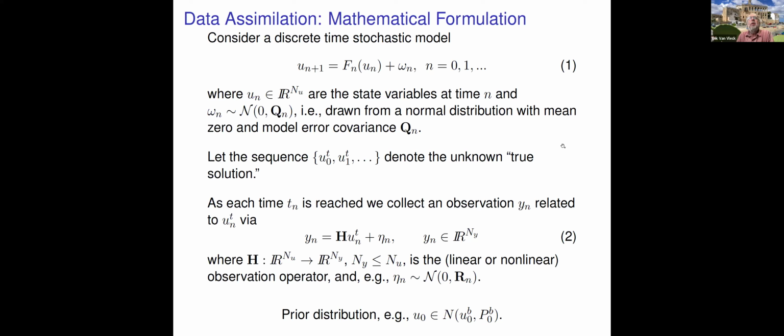The observational data is coming from some unknown truth. The observations, the y_n, are formed by some observation operator H that takes the true state at time n and produces y_n, also maybe with a little bit of additive noise, also from a Gaussian. To get things started, we'll assume that u_0 is Gaussian centered around some mean u_0^b with covariance P_0^b.